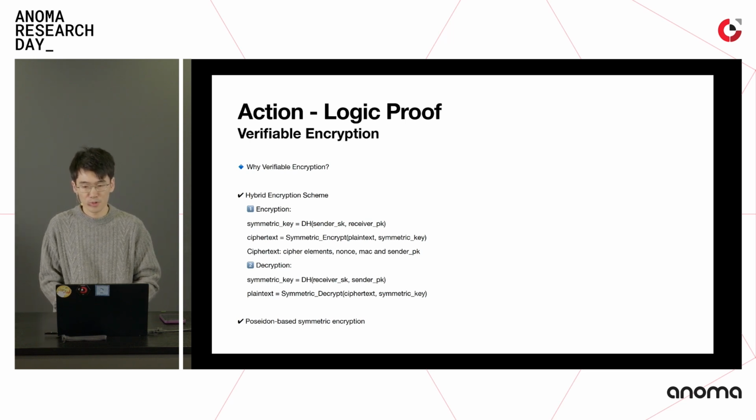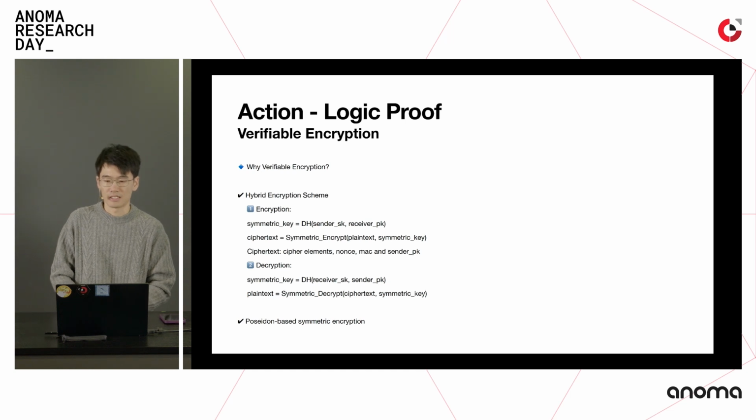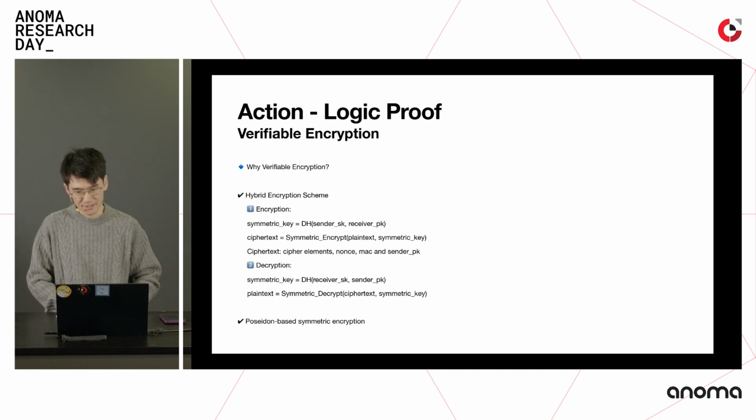The verifiable encryption here is a typical hybrid encryption scheme. We use the Diffie-Hellman key exchange to generate a symmetric key, and we use the symmetric scheme to encrypt the plain text.